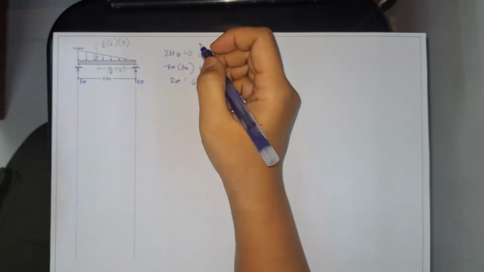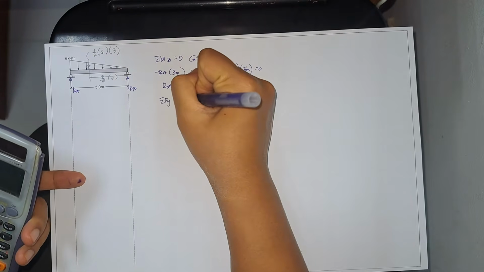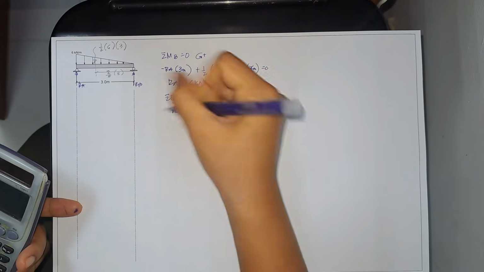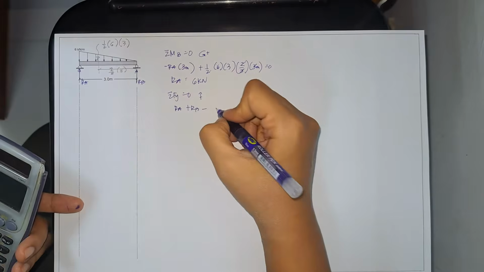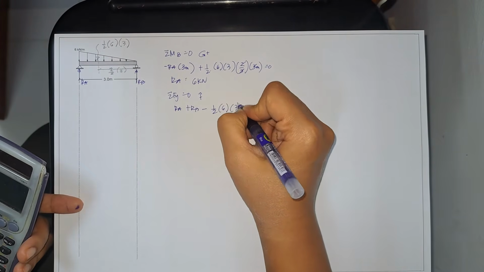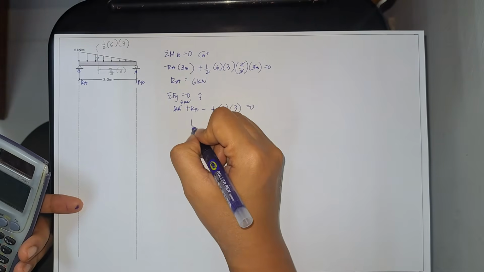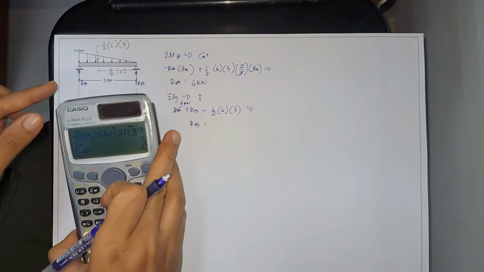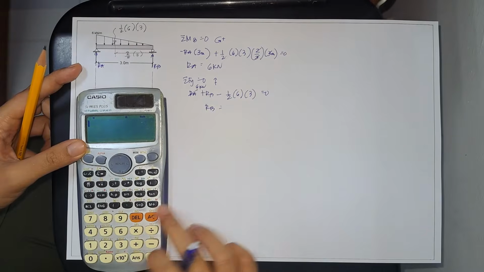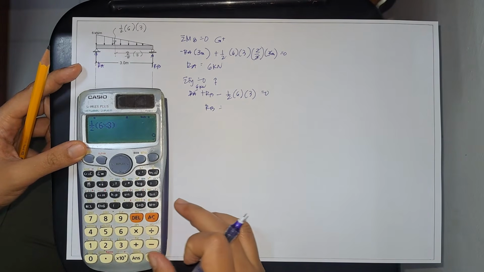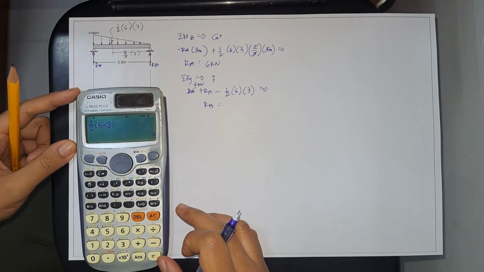And then for the reaction at B, summation of forces vertical is equal to 0, upward positive. So RA plus RB minus 1/2 of 6 by 3 is equal to 0. RA is 6 kilonewton. Therefore, RB is equal to, so we have 1/2, 6 by 3, 9.